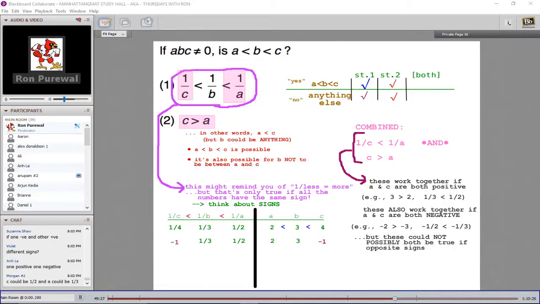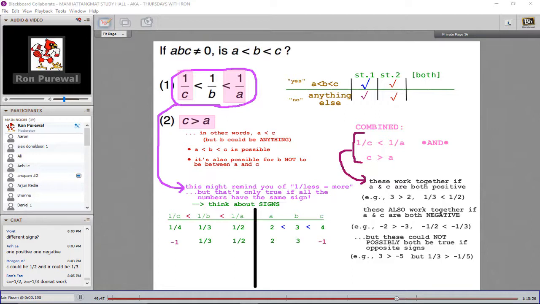So, like, 3 is greater than -5. But 1/3 is also greater than -1/5. So, it sure does work.